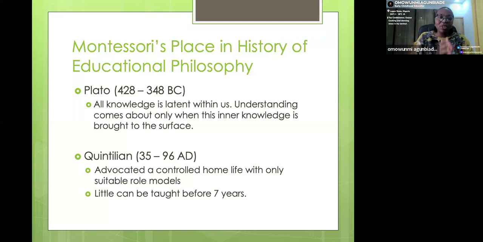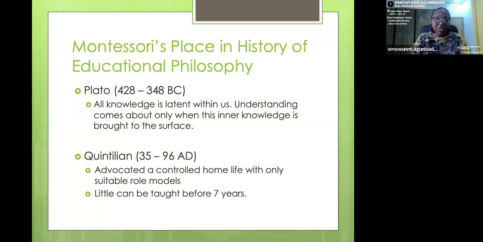So everything around Plato's educational philosophy was around this: all knowledge is latent within us. He believed that we should focus on developing the mind and the character of individuals. So Maria Montessori was able to pick from this philosophy and build on her own method.